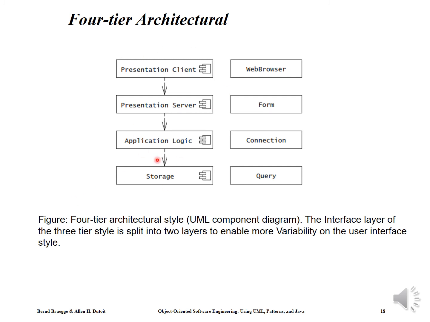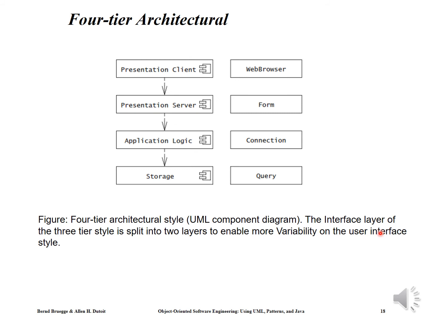So this is the example in which the presentation layer, the interface layer, is decomposed into presentation client layer and presentation server layer, and this serves as the connection between the two.